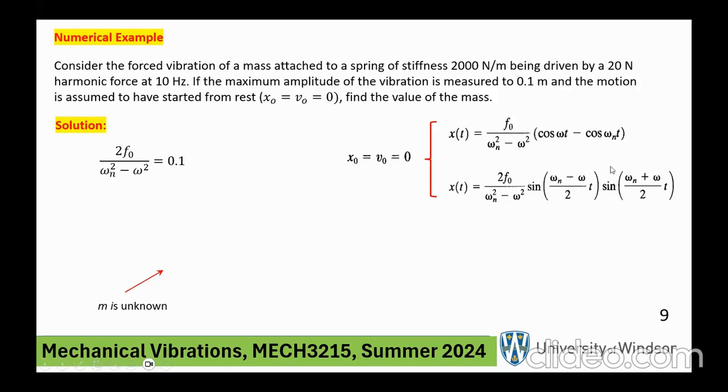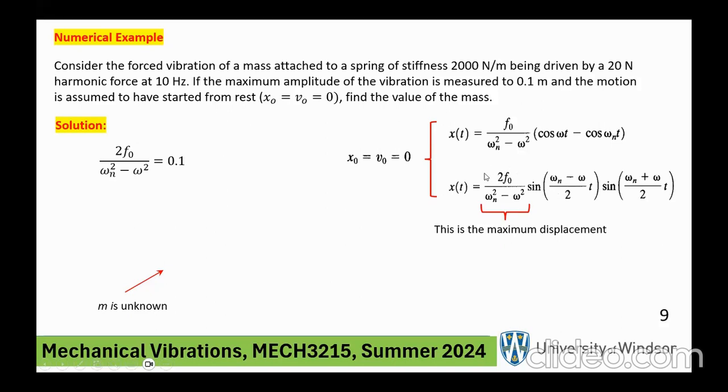So these two cosines can be written as twice that product.